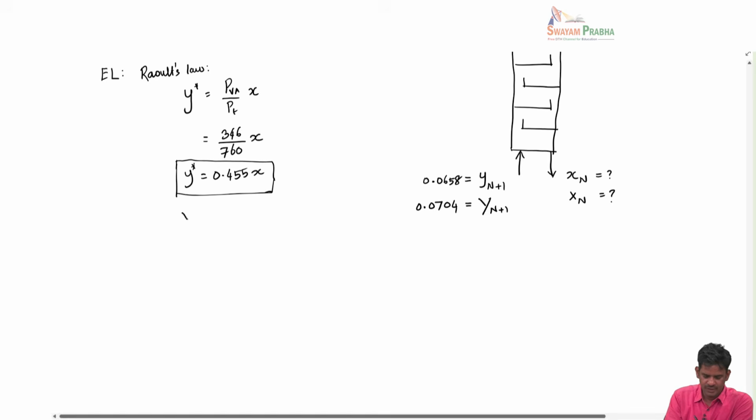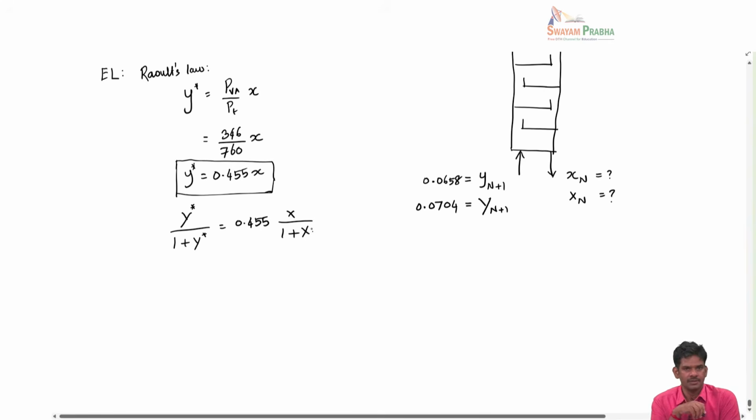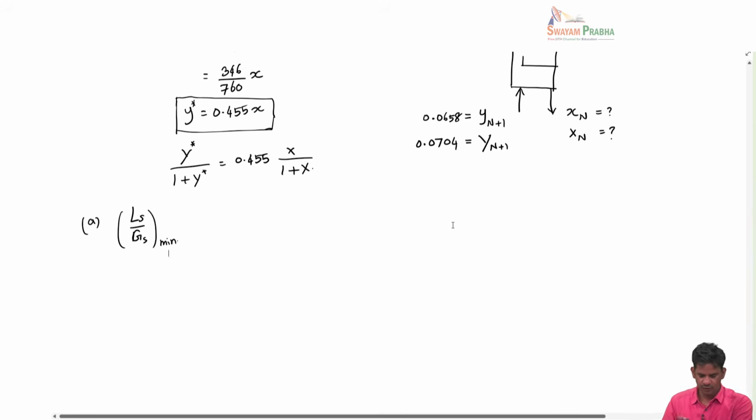And if you want to write in terms of the mole ratios, you will get this. Now the first part of the question A is to find the minimum gas liquid ratio. So for this we are going to write overall material balance.